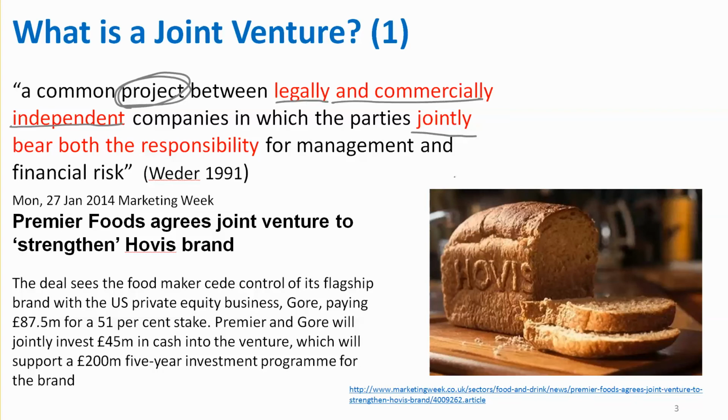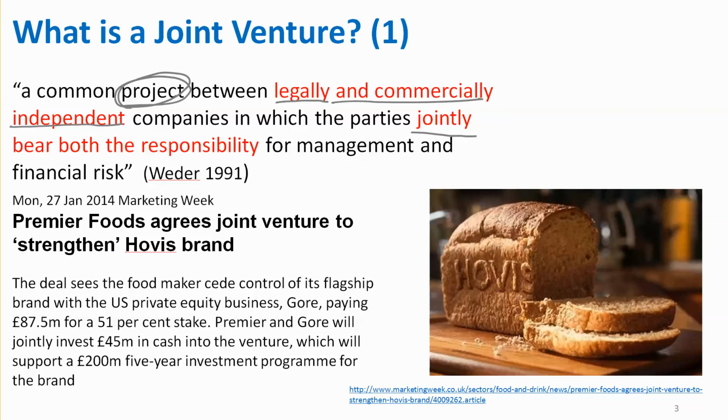An example of this is the iconic brand Hovis in the UK, owned by Premier Foods, who has done a joint venture with a US private equity business. And you can read this for yourself and follow up in relation to this link at the bottom.